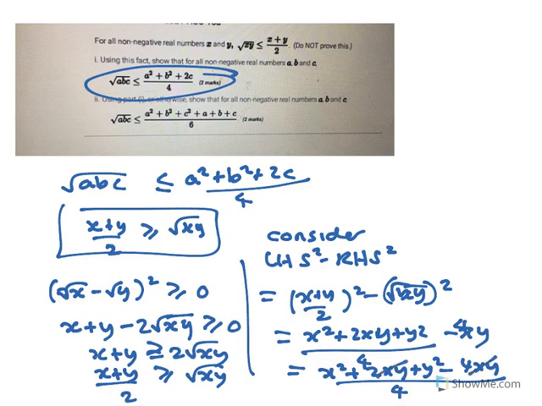So that cancels and gives you minus 2xy. So what you then have is x minus y squared on 4, which is greater than or equal to 0.